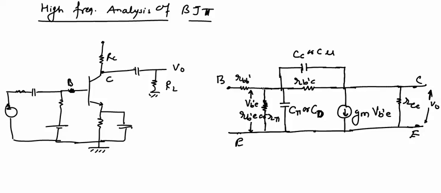Between base terminal B and B dash, there is a resistance RBB dash called base spreading resistance, which is the resistance of the base region in the transistor.